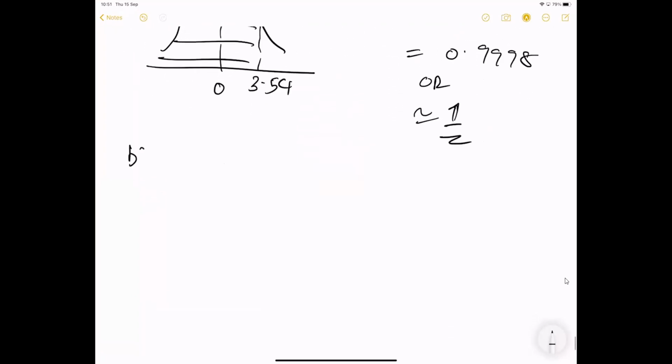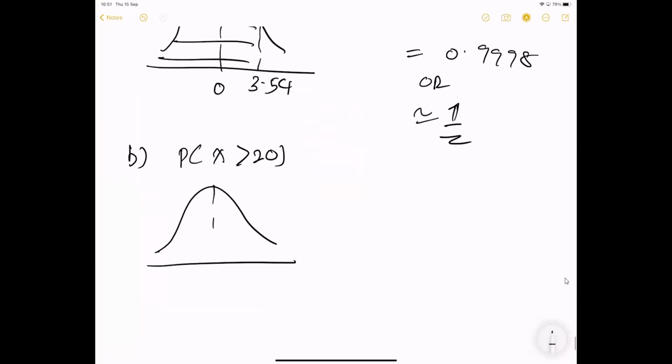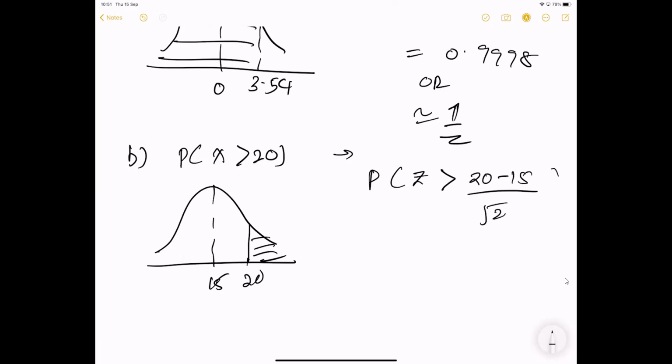So part B, X greater than 20. The mean is 15 and this one is 20. This area we want to find. First, we convert it into standard normal: 20 minus 15 divided by square root of 2, the same problem, so Z greater than 3.54.